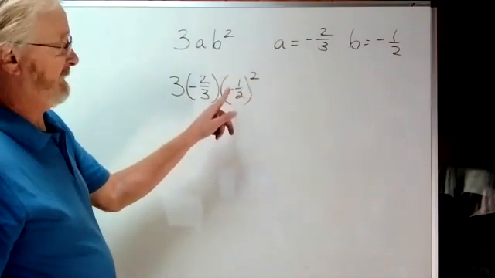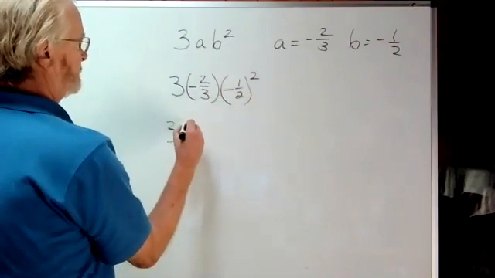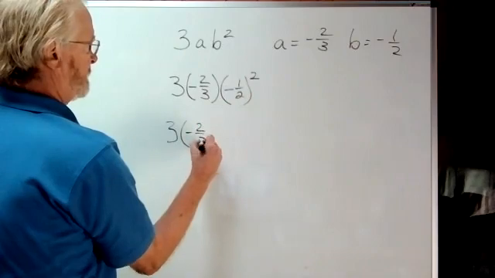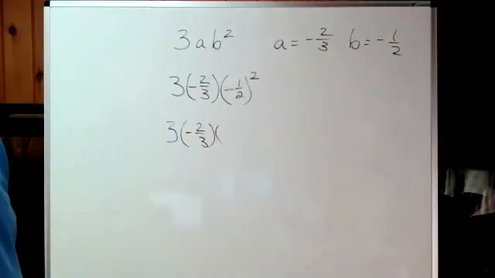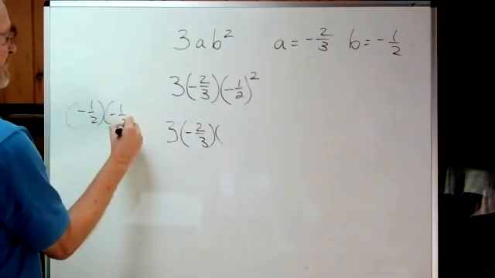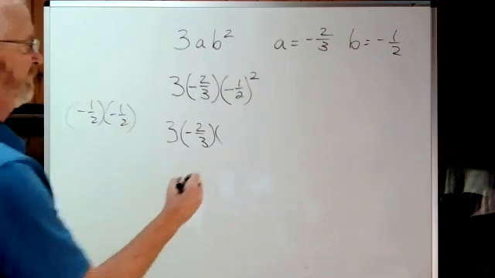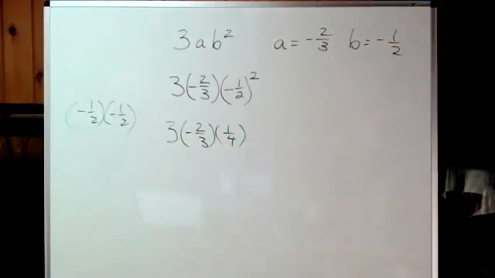So I'm going to square that fraction. Negative 1/2 times negative 1/2 is what I'm doing there. Negative times negative is positive, so I get positive 1/4. There, I did that squaring.